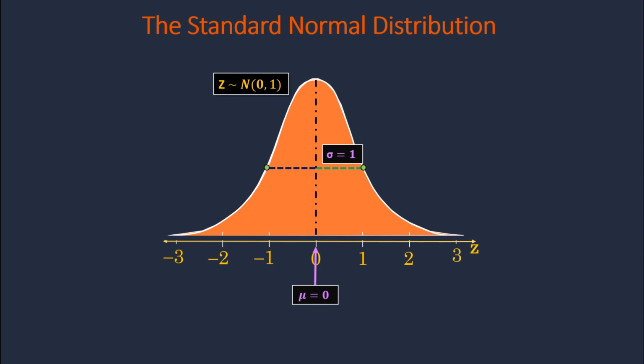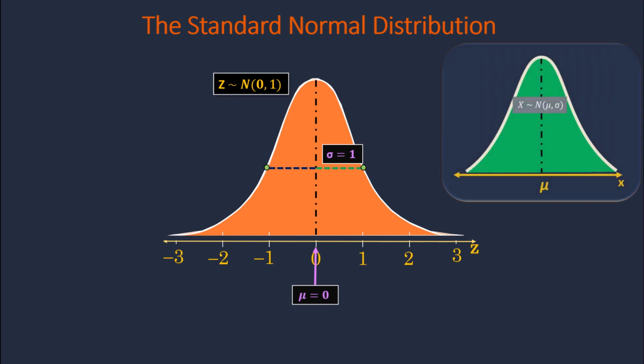Now let me compare this with the general case. Yes, you see the difference between the horizontal axis. In the general case, we use the random variable x, so values on the horizontal axis depend on the values of x.